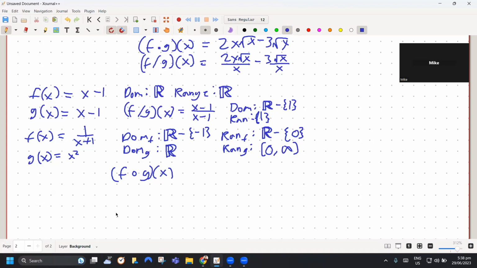So in that case, pwede mo nang gawin na that's equal to 1 over x squared plus 1.